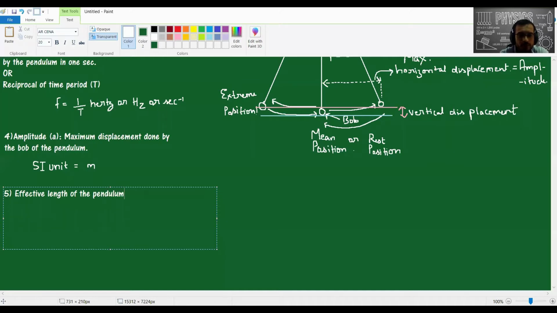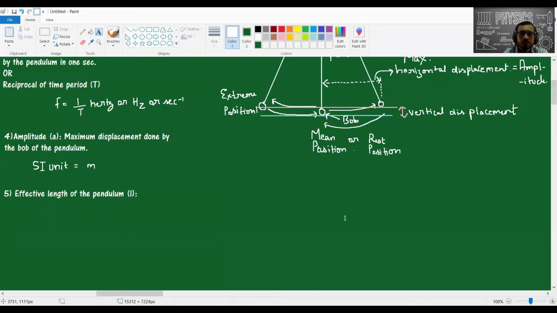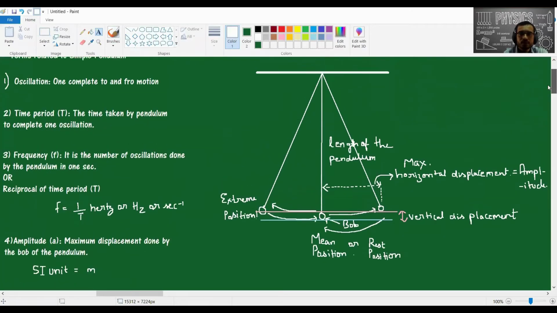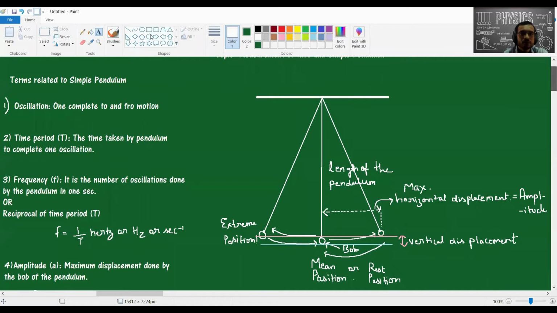So what does it mean? It is denoted by a symbol small l. From the center of mass of the bob to the rigid support, this is known as length of pendulum.